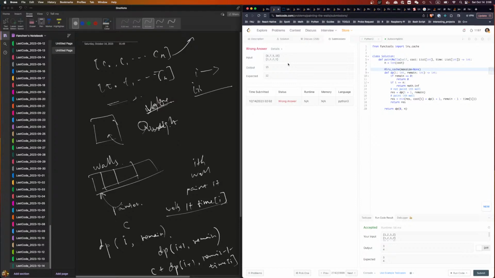If I paint, I take 5, cost is 2. I don't take 8. Should be do not paint the 8th wall, first one, okay? Not paint the ice wall.